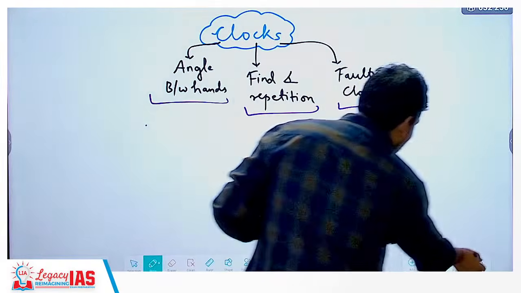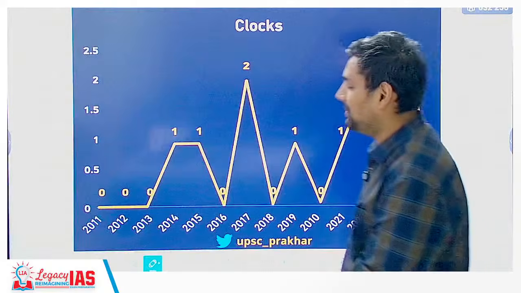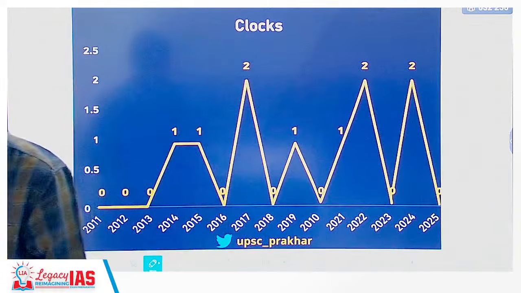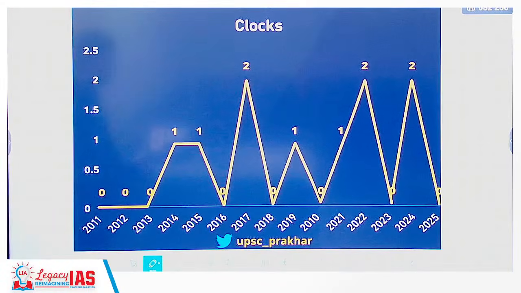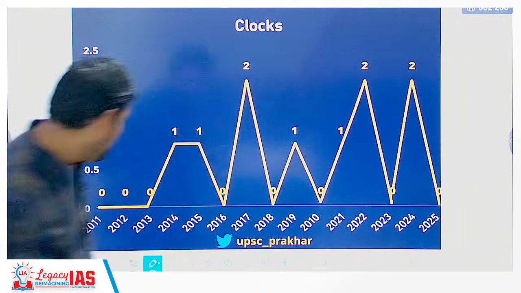So now, the number of questions from this chapter. This is a very interesting pattern that we have here. Sometimes there are two questions, in some other years there are no questions.